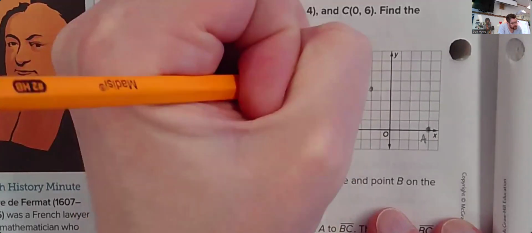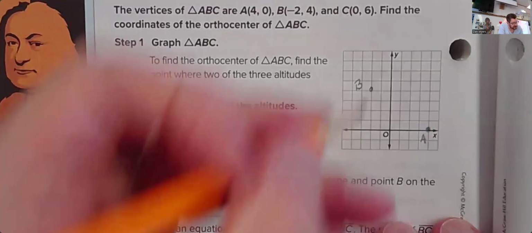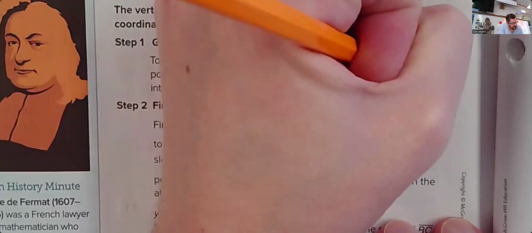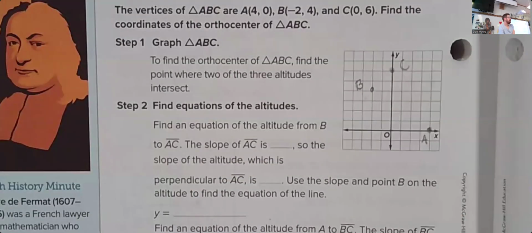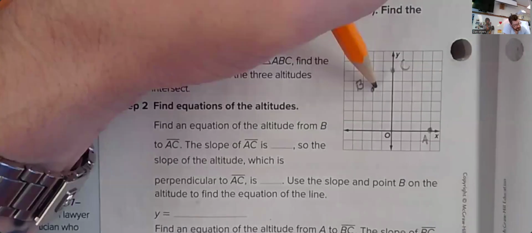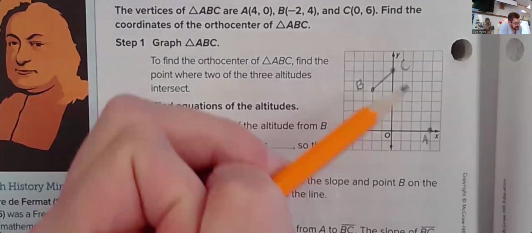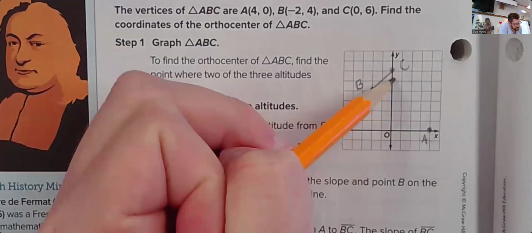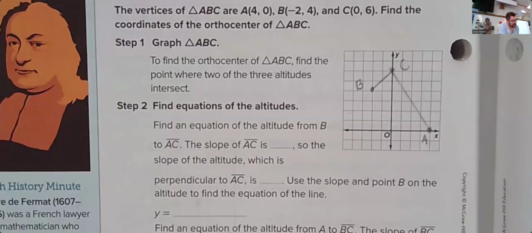There's point B. And then point C is at 0, 6. That's going to be not going left or right at all, but going up 6 spots. So there are our vertices of triangle ABC. And we will go ahead and connect all 3 sides to draw our triangle.